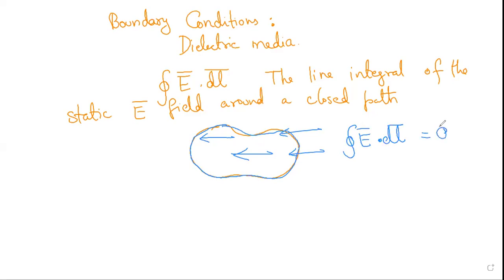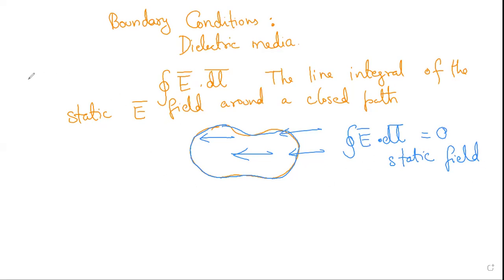It is 0. In static fields, I had already told you, it is a conservative field, so you have closed line integral E dot dl equal to 0. This you please remember. Is that clear?